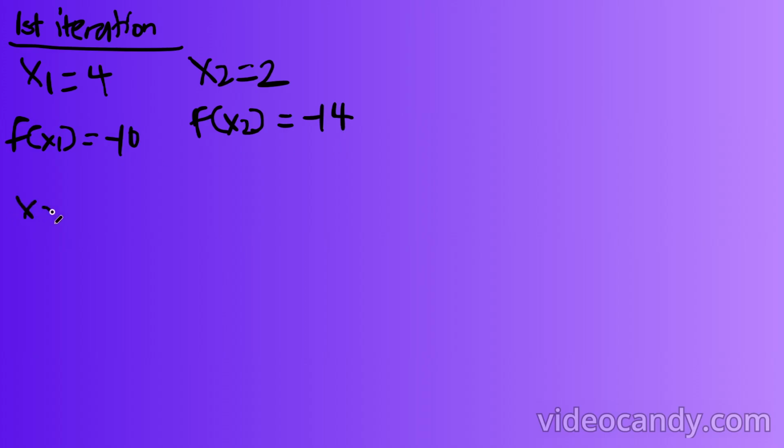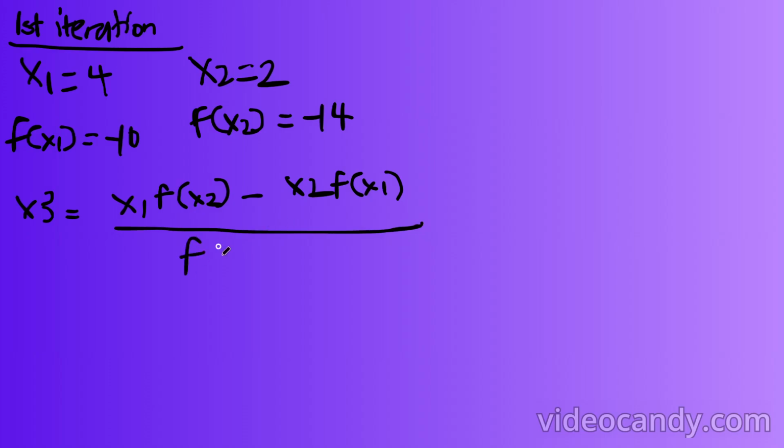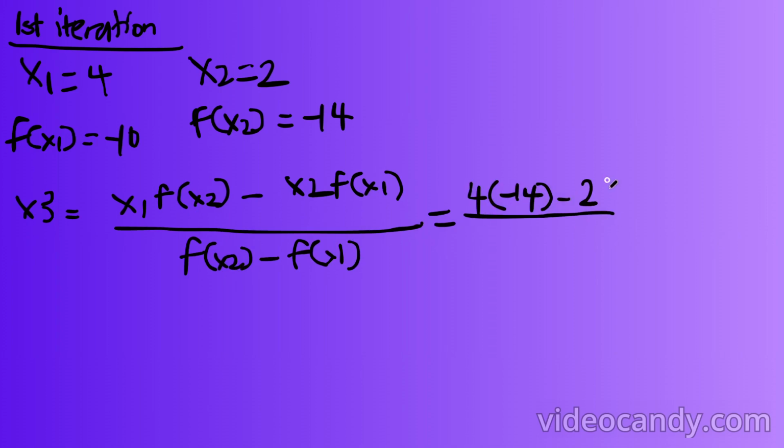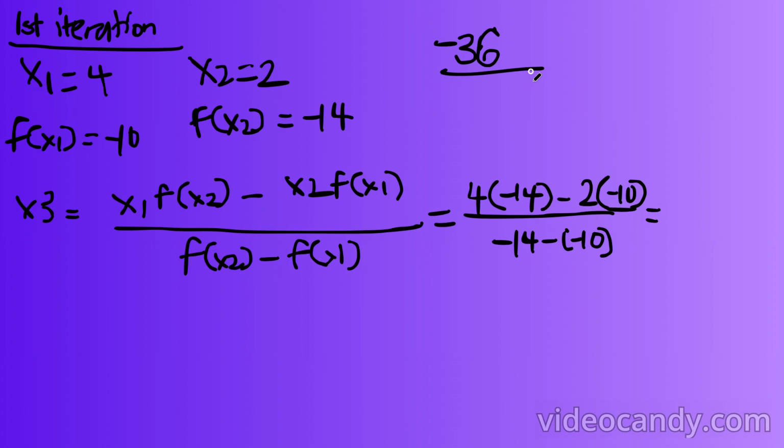So x3 is x1 f of x2 minus x2 f of x1, divided by f of x2 minus f of x1. So x1, 4 times negative 14 minus 2 times negative 10, so negative 56 minus negative 20, which gives negative 36, divided by negative 14 minus negative 10, which is negative 4.